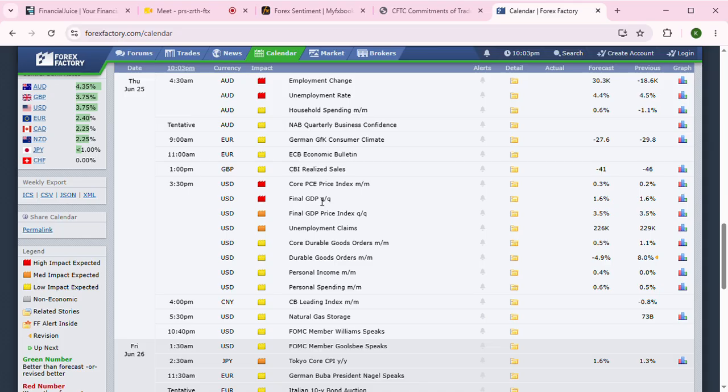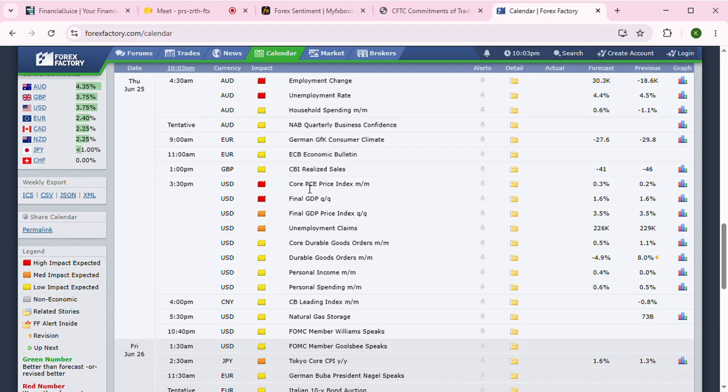The moment you see the word core, just know in your mind that there are two things which have been excluded, that is food and energy, because their prices are very volatile. So when we have the core, this is now where the real inflation is. And core PCE is one the Fed, the central bank in the US, normally follow closely to decide on interest rates, whether going to have a rate cut, rate pause, or a rate hike.